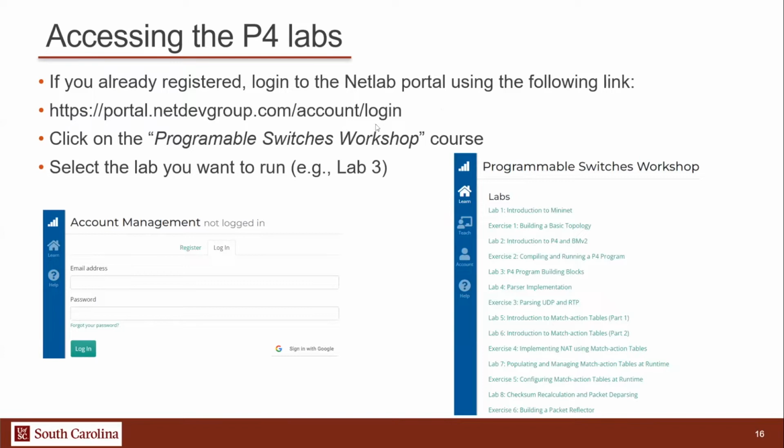And this is the link for logging in here. When you log in there, you will see that there's a course called Programmable Switches Workshop. You just have to select the lab that you would like to do, then the reservation will start and you will be able to start doing that lab. In our case, we will be doing lab number 3.